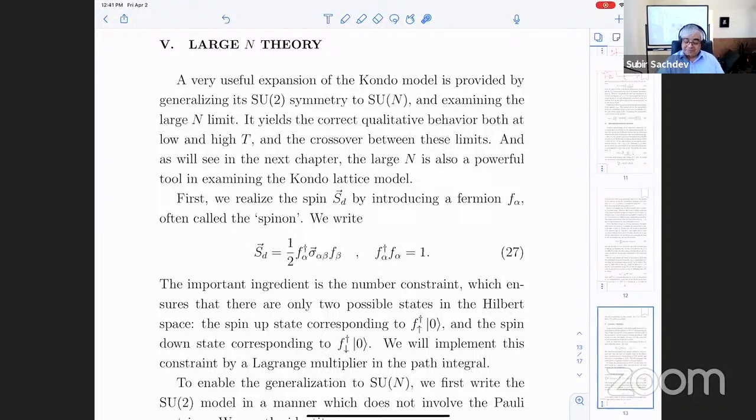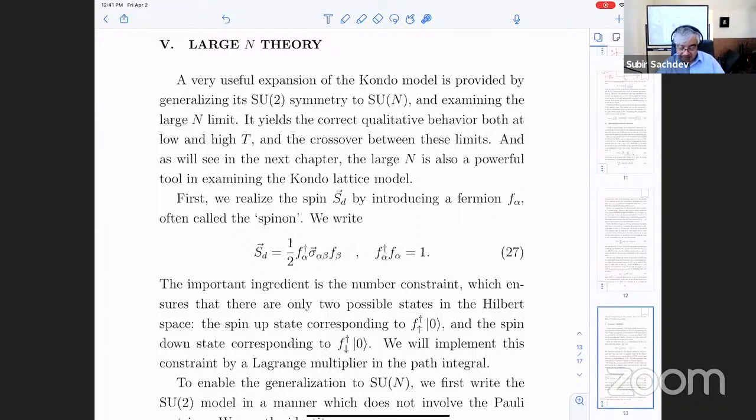Suppose you could impose this constraint in some nice way, then you have the hope that since you're working with fermions rather than spins, Wick's theorem will be available to you. The way you do this is most clear in the path integral language. I imagine not all of you have seen path integrals before. I think Ryan covered some of it yesterday.